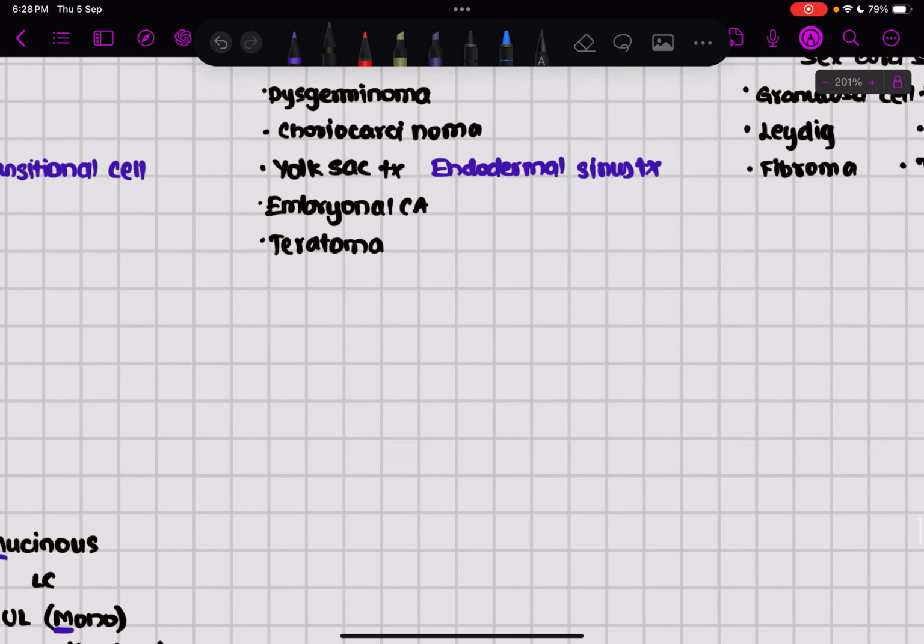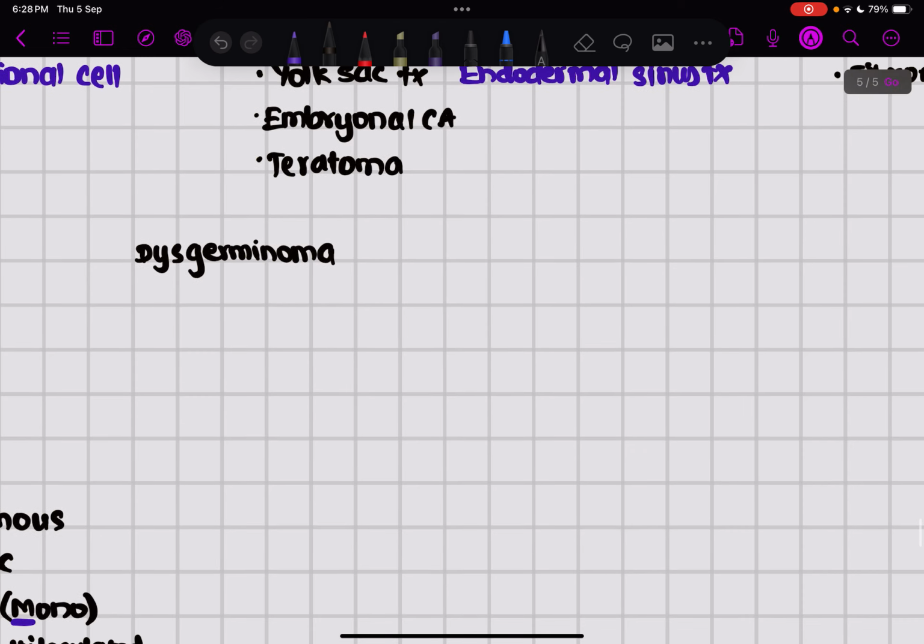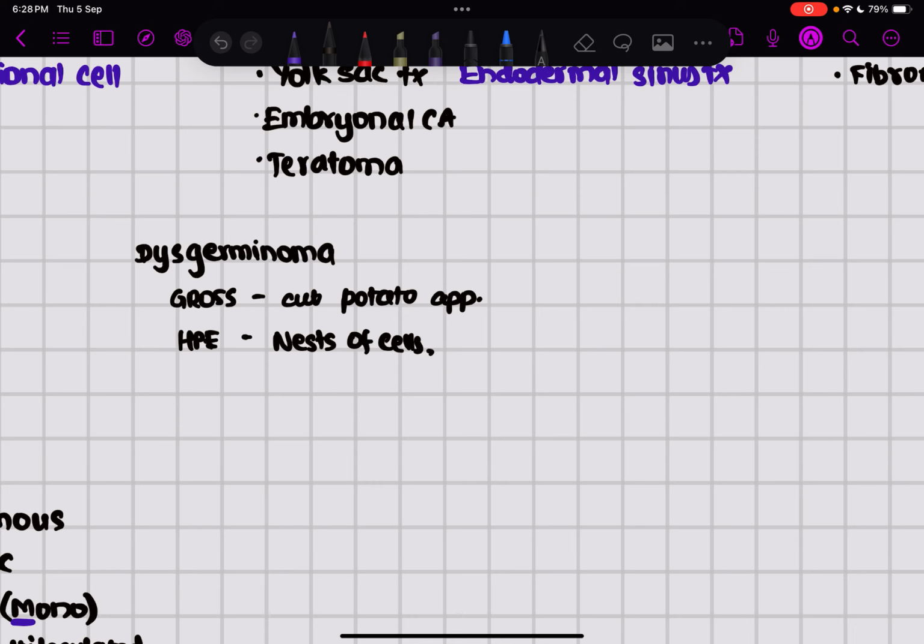Now we will move on to germ cell tumor. Germ cell tumor involves the first one, dysgerminoma. Dysgerminoma, gross appearance, gives cut potato appearance, and histopathological, that is microscopy, shows nests of cells with fibrous septa.